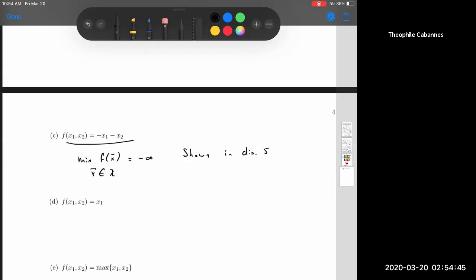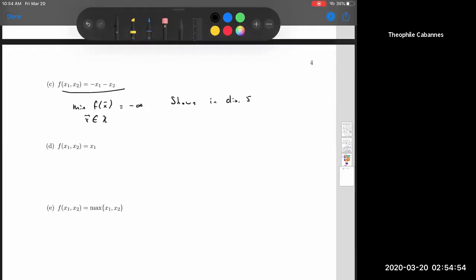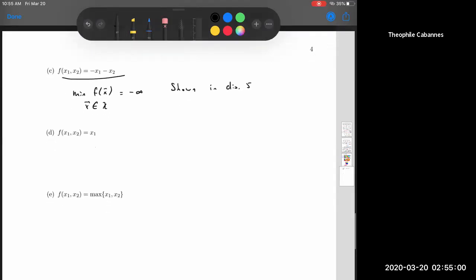And for this we do not need KKT to show that this is equal to minus infinity. So let me do the KKT conditions again for D and for E, just to make sure you understand how to use the KKT conditions.